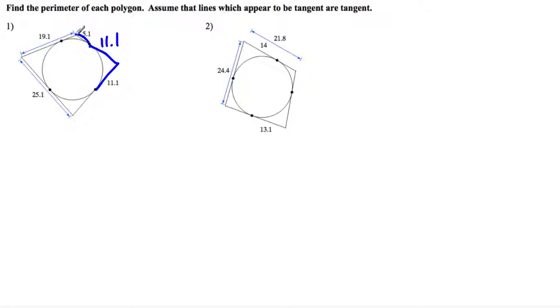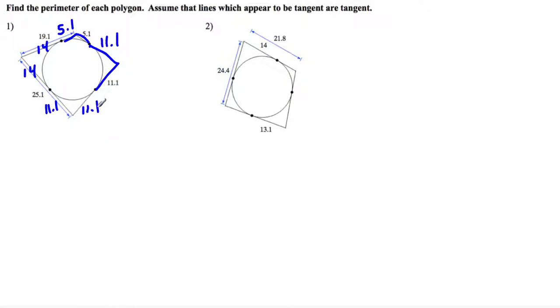If this segment is 5.1, this segment must be 5.1. If the whole segment here is 19.1, and this little sliver is 5.1, then this must be the difference of 14, making this 14. And if this whole segment is 25.1, then this segment is 25.1 minus 14, which is 11.1, making this 11.1 as well.